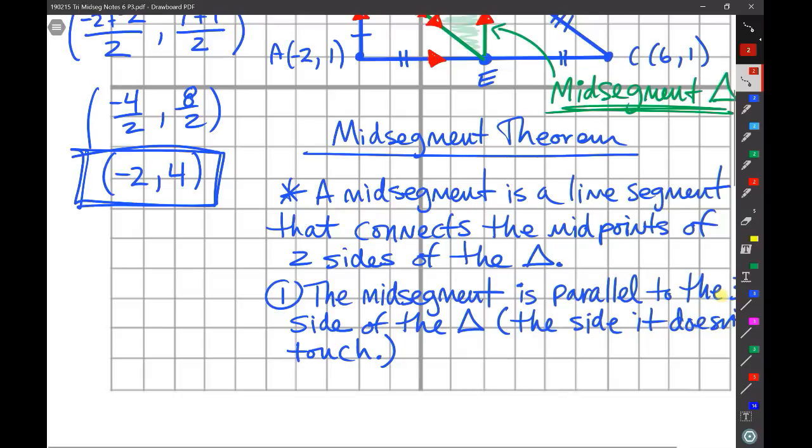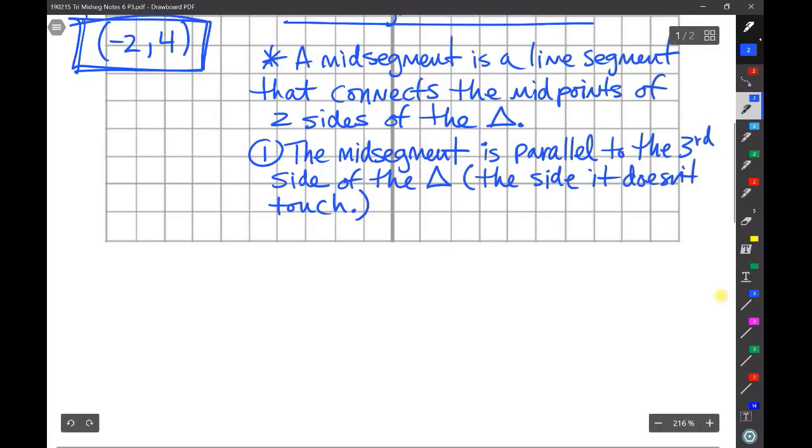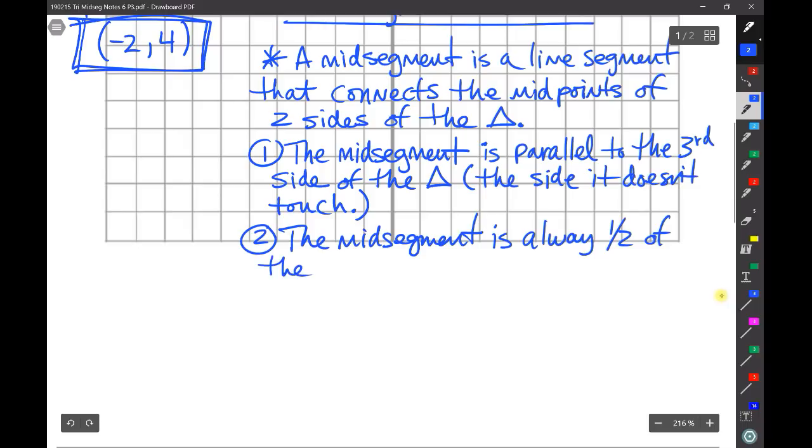Now, there's one other thing that's kind of interesting about the midsegments. Let's jot this down. So the second thing that we want to say is that the midsegment is always half of the length of the third side.